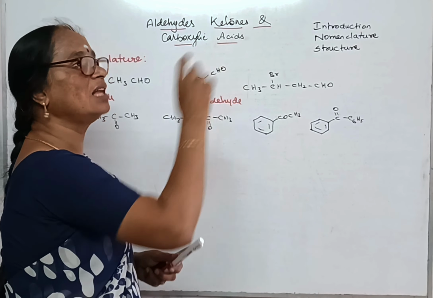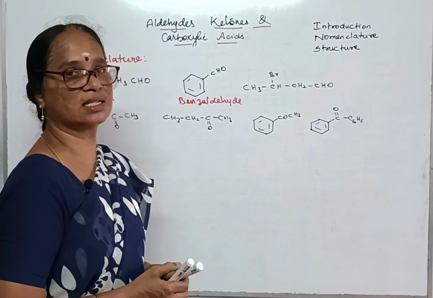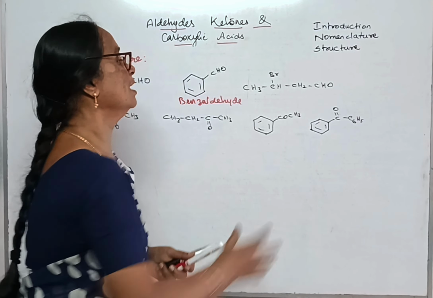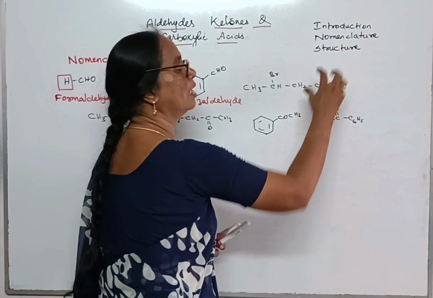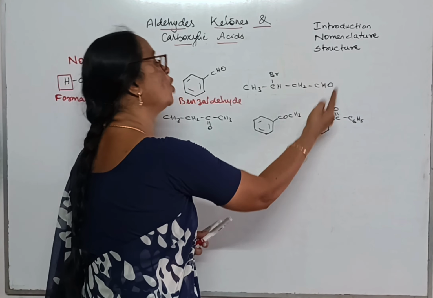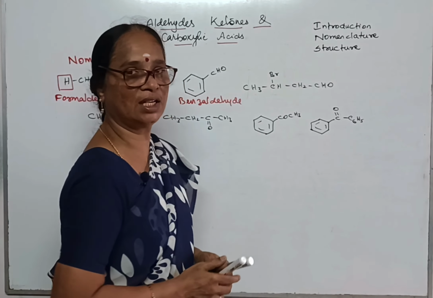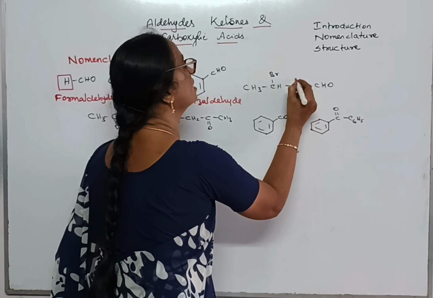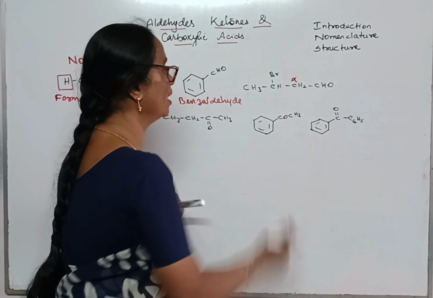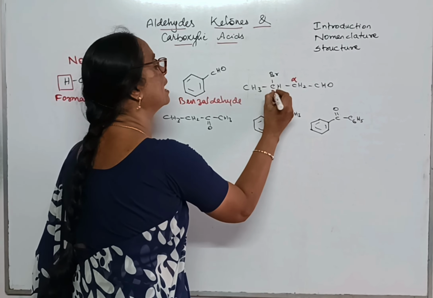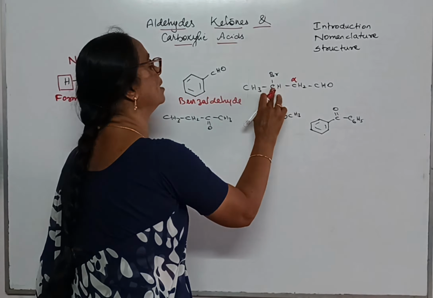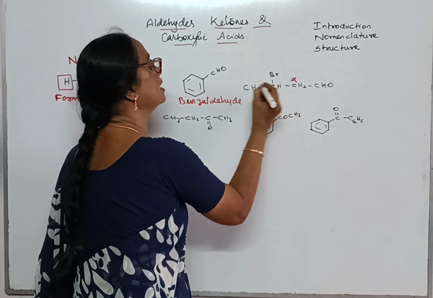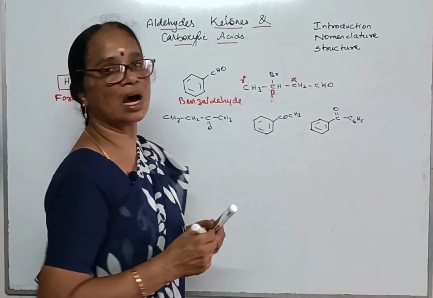From where do alpha, beta, gamma start in a compound? This is the aldehyde, a functional group. The functional group attached carbon is said to be the alpha carbon, and the next carbon atoms I can designate as beta carbon, gamma carbon, like that.